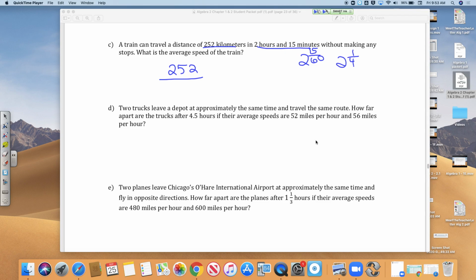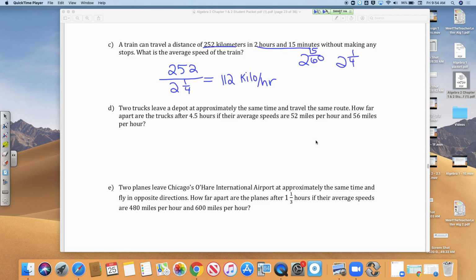So I could divide 252 kilometers by 2 and 1/4 hours, and my answer will be in kilometers per hour. This would equal 112 kilometers per hour. So that would be your answer in kilometers per hour. You could also do it in minutes as well. It didn't specify, but usually our time is per hour, not per minute.